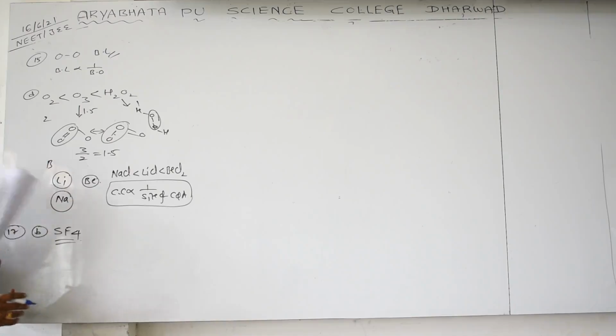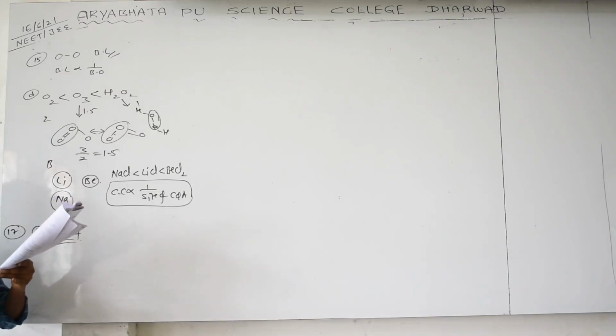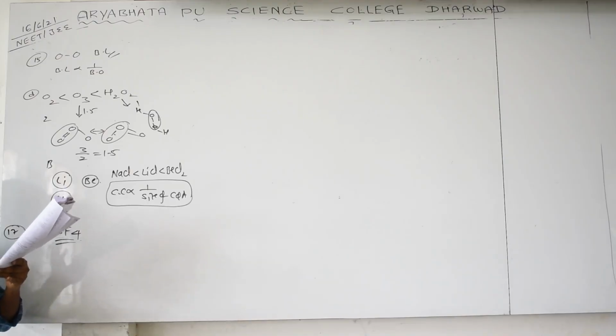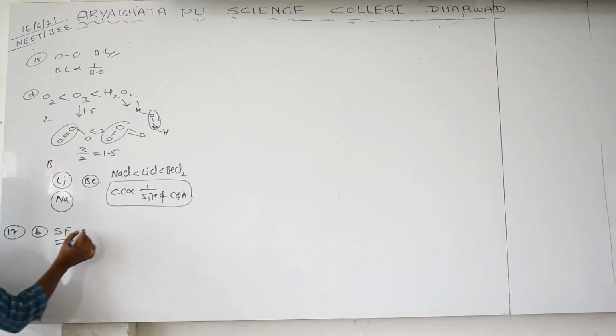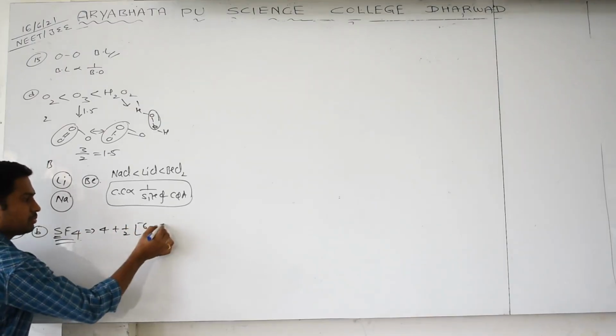Because SiF4 is a symmetrical molecule with 0 dipole moment. XeF4 is square planar, with mutual cancellation, 0 dipole moment. BF3 is a symmetrical molecule, 0 dipole moment. But SF4 has some dipole moment. Why? Check the hybridization. Around the central atom we have 4 plus, sulfur 6 minus 4.